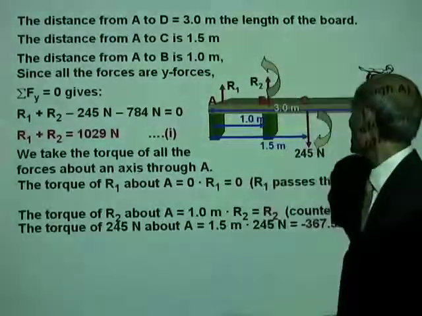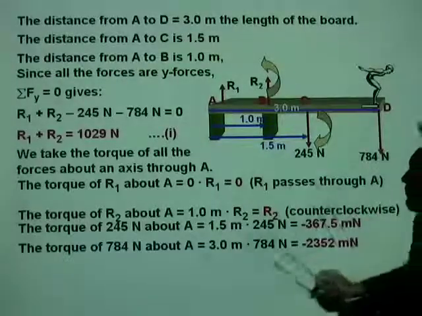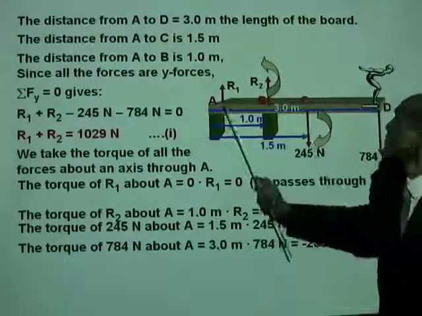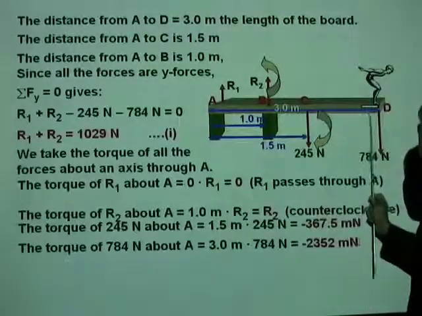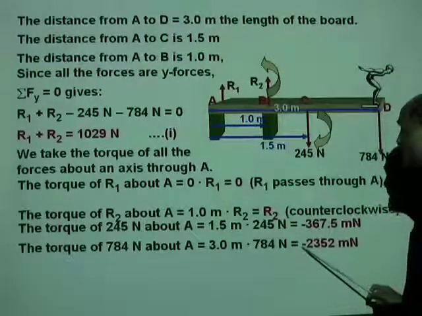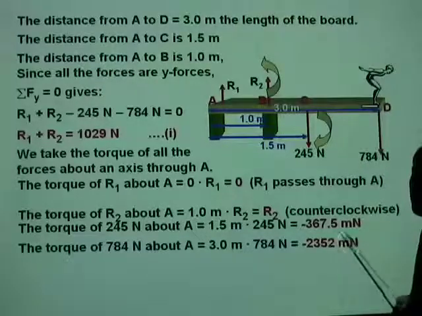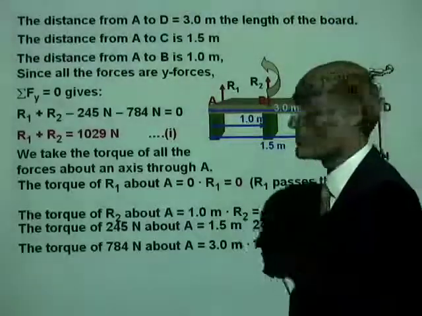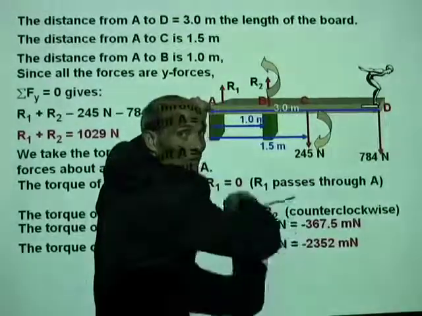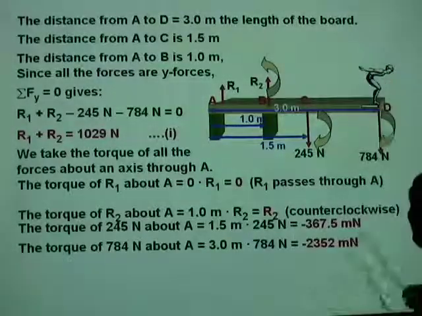So it is negative. What is the torque of 784 Newton about A? The torque arm is 3 meter multiplied by 784. That is negative 2,352 meter Newton. Why negative? Because that torque also is clockwise. Therefore, it is negative. There you are.